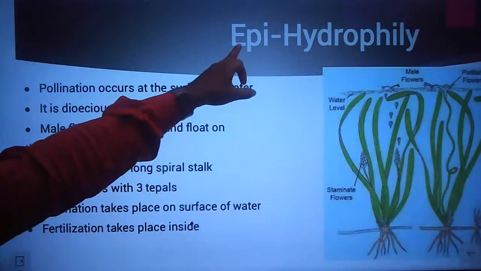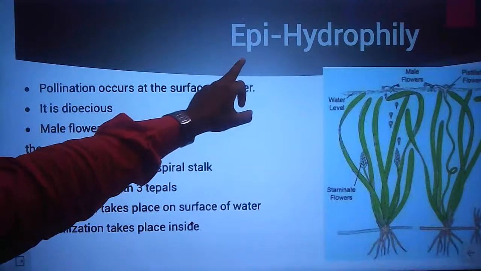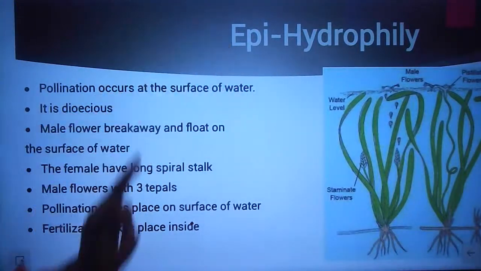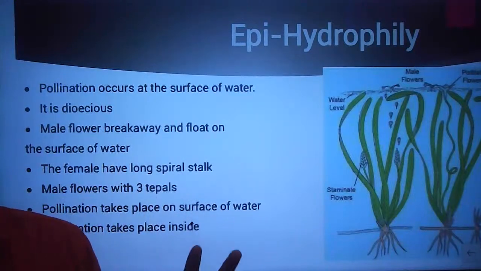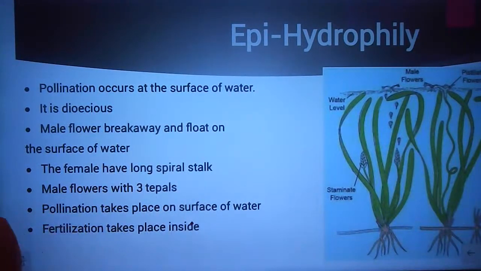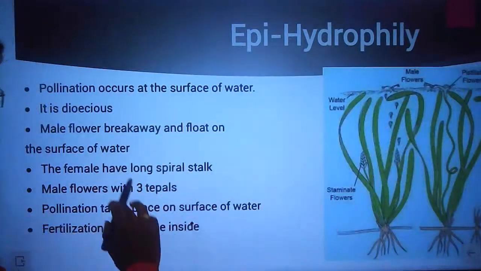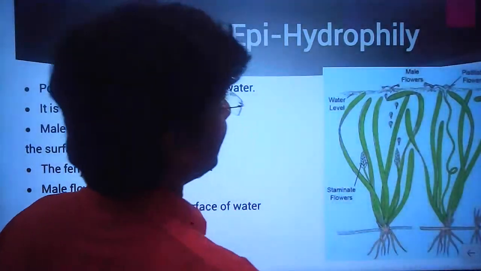This type of adaptation you could see in case of epihydrophily. So Zostera, Ceratophyllum, Vallisneria, these are some of the examples that you should keep in your mind. In water pollination, you should understand whether it is hypohydrophily or epihydrophily. So this is in case of Vallisneria, epihydrophily.